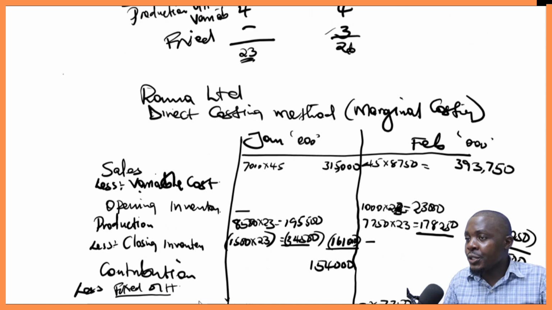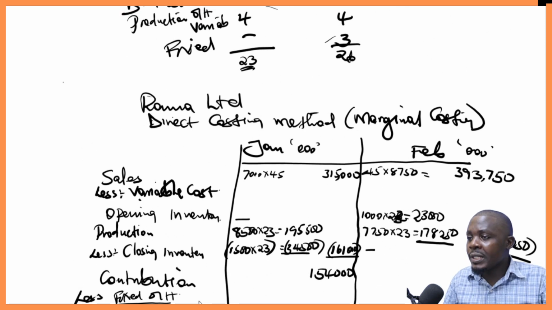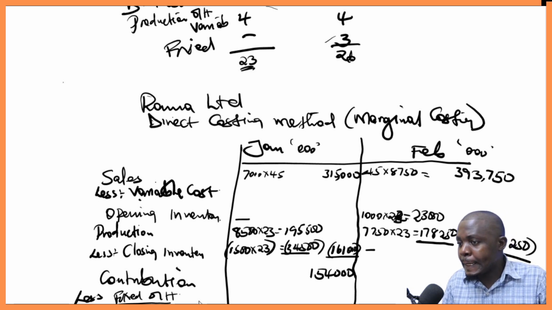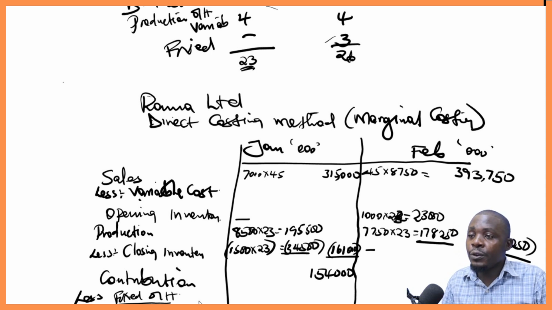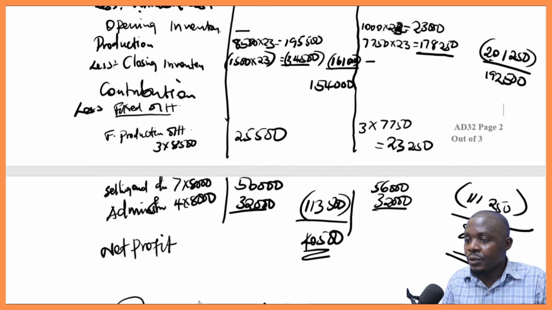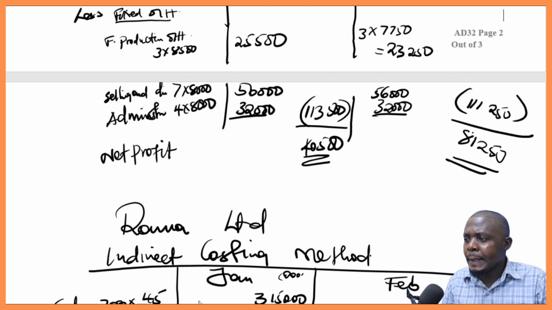The only thing you need to master is when you are using the direct, remember we look at the variable costing or marginal costing. We only factor in the variable cost, not the total full cost. But when it's indirect, we are using the full cost, not variable cost. That is it for question number 5.